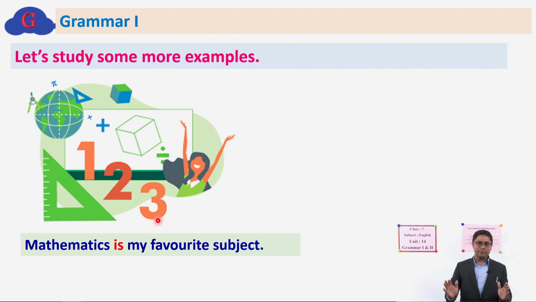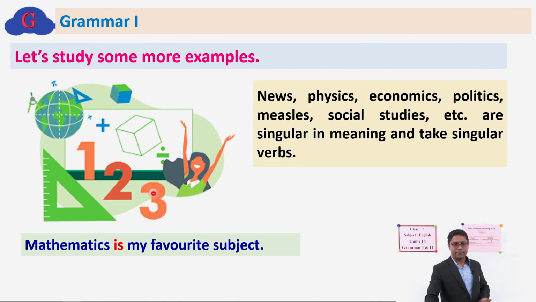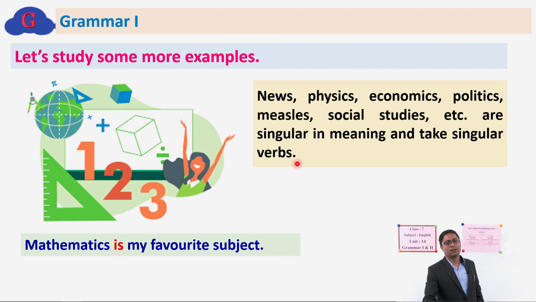And it is not only mathematics, there are other words also which look like plural, but are singular in reality. Let us see the list. For example, there is news, physics, economics, politics, measles, social studies. You see, these look like plural nouns, but in reality they are singular in meaning. So, they take singular verbs.